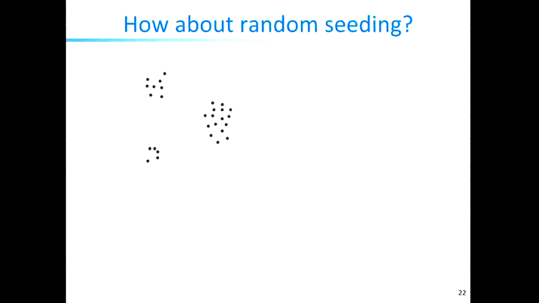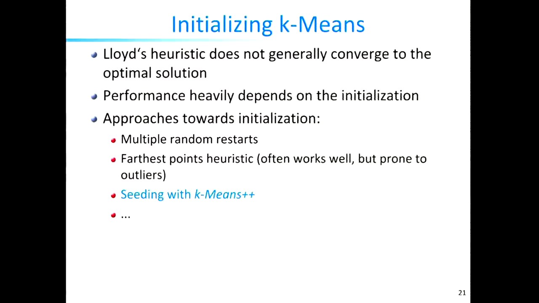But before we do that, let's see what the issue is with random seeding. Seeding is the random initialization, and what's typically meant is that you pick data points as cluster centers. Does anyone see what could go wrong if you initialize cluster centers just as randomly chosen data points? Does anyone have an intuition of what might be the problem?